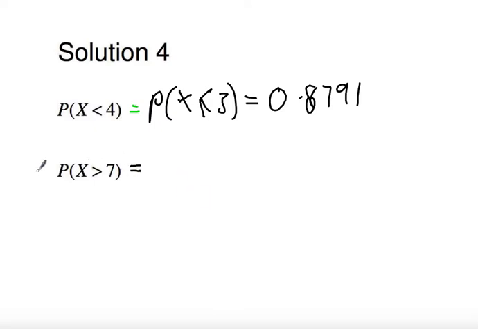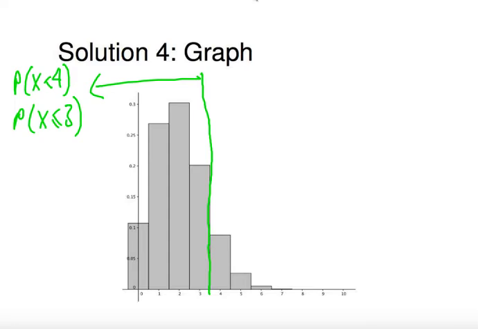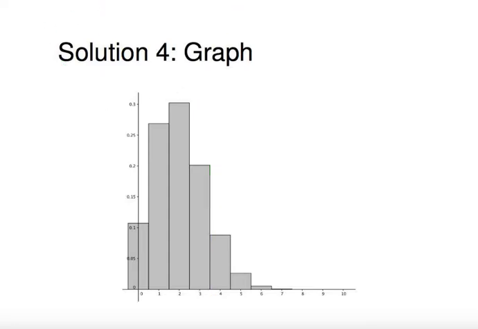Probability x is greater than 7. Well, let's have a look to see what happens in this situation. So let's go back to my graph just so I can identify what we're saying here. Let's use a green pen. I'm saying probability x is greater than 7, so this is the point that I'm after.